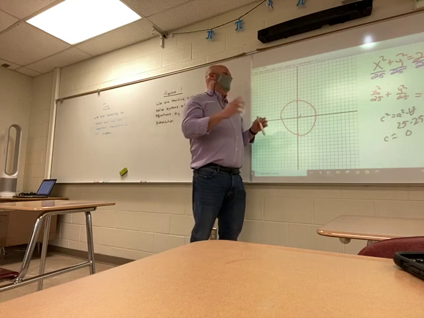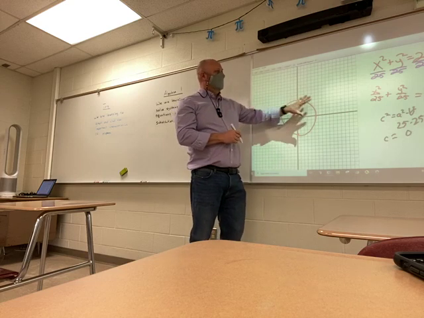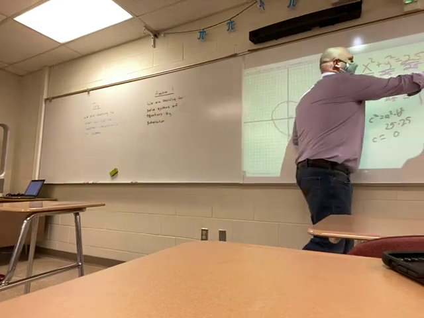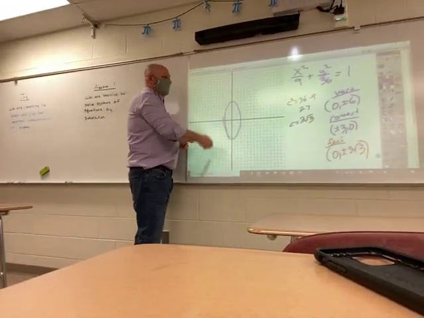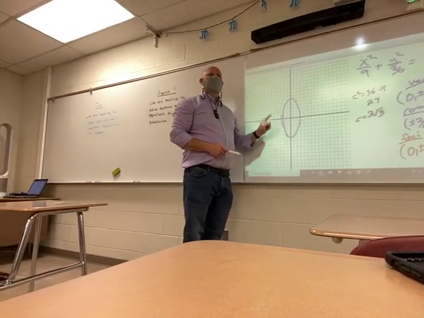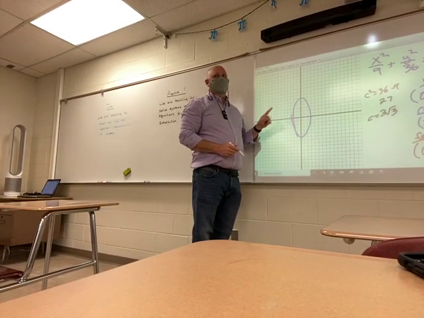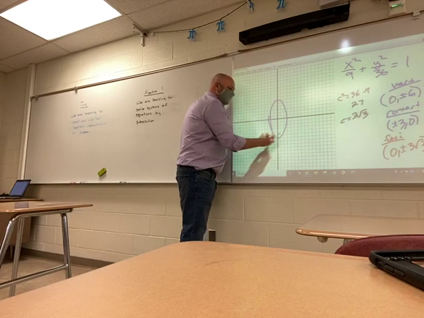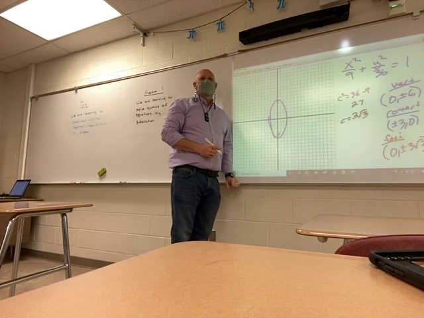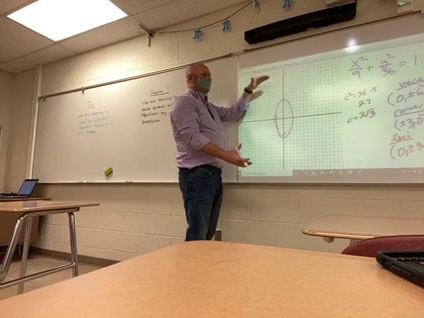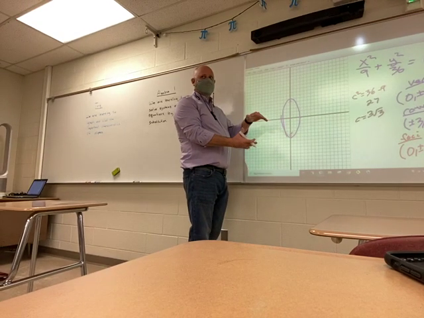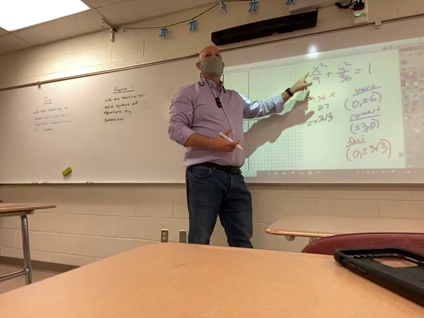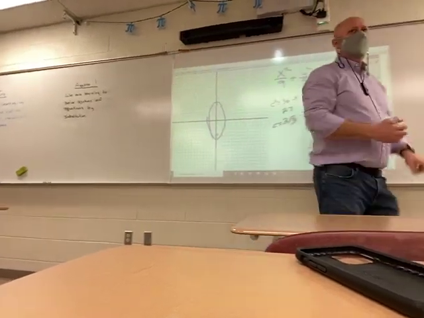So what ends up happening is the more elongated it gets, like this ellipse that we did is fairly elongated, where did the focal points end up being? They ended up being really close to the outside, didn't they? As this becomes more and more circular, meaning I go right and left closer distances, right?